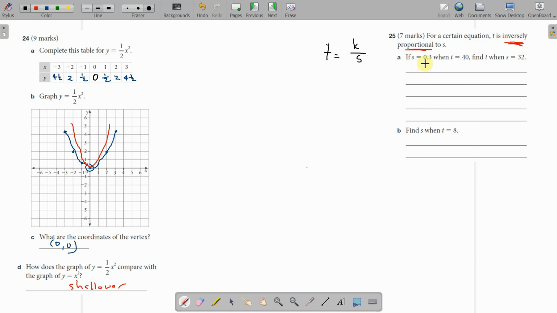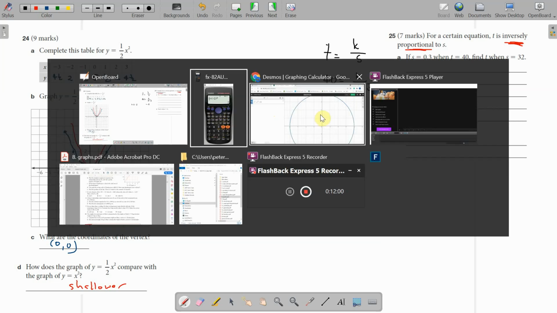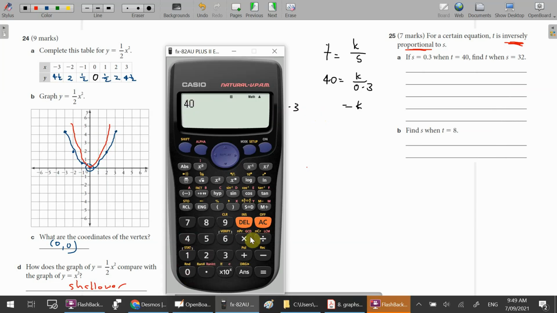So we're going to sub in s and t. T is 40. 40 equals k over 0.3. Now, to remove a fraction, you multiply by the denominator. So we're going to multiply by 0.3 to get what k is. 40 times 0.3 is 12.